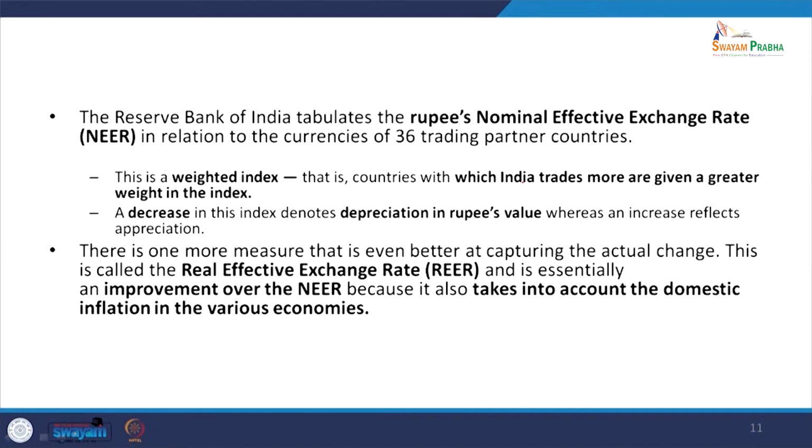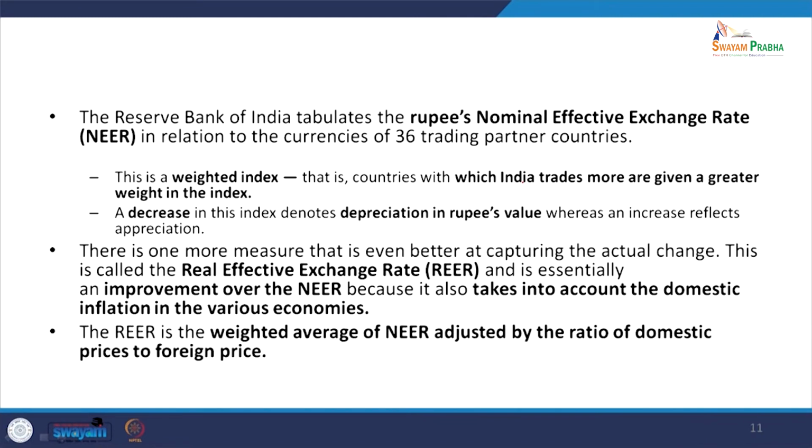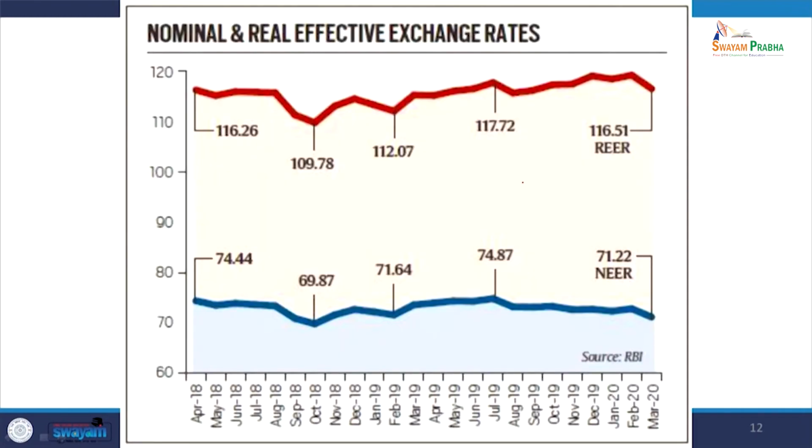Now there is one more measure that is even better referred to in the international context for comparison, called the real effective exchange rate, and this is essentially an improvement over the NEER, because it also takes into consideration the variation in inflation in various economies. The REER is a weighted average of NEER, adjusted by the ratio of domestic prices to foreign prices.